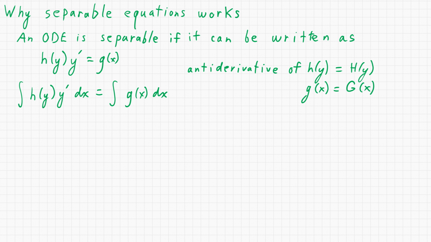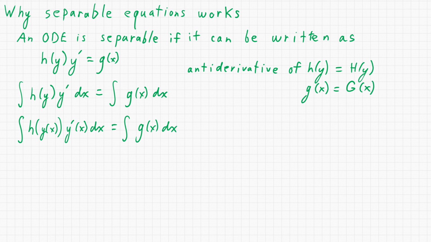To emphasize, this isn't just h of y, it's h of y of x. Y is a function of x, and that's multiplying y prime of x dx. On the other side, we have the indefinite integral of g of x dx.